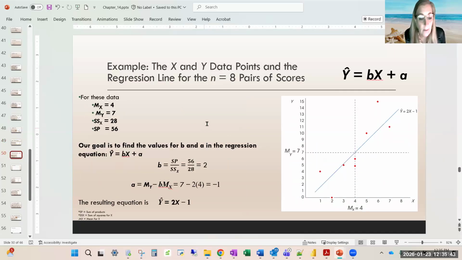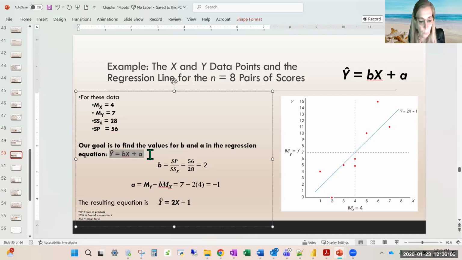All right, so next. For these data, so far we've found that the mean for X is 4, the mean for Y is 7, the sum of squares was 28, and the sum of products was 56. So now we need to find the values for B and A in the regression equation.